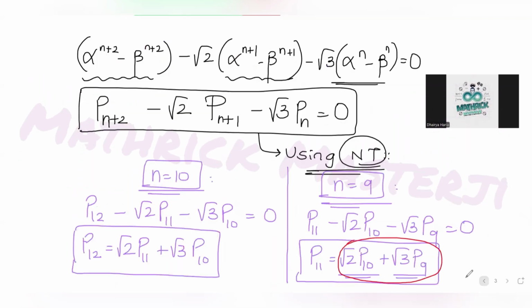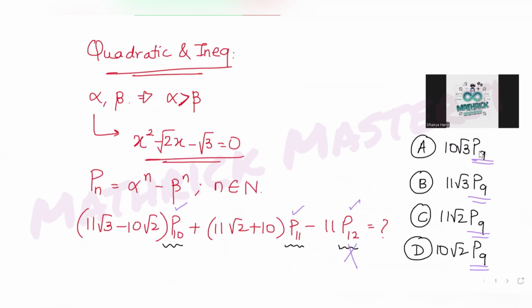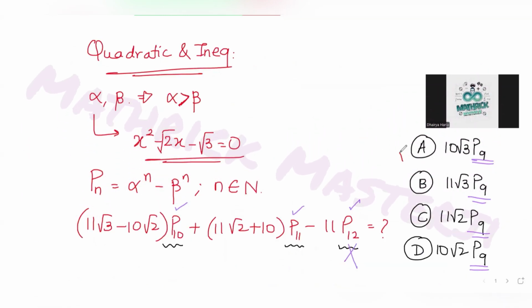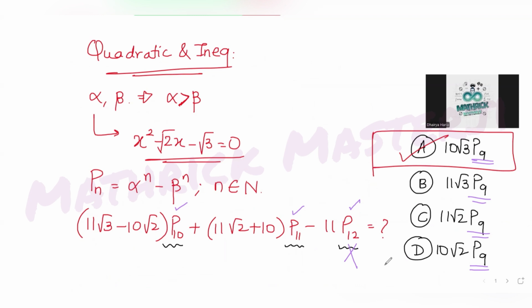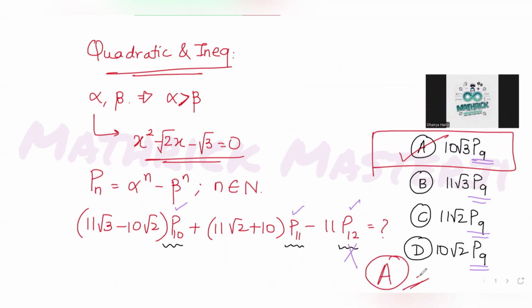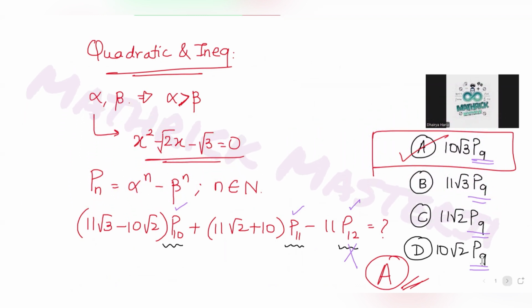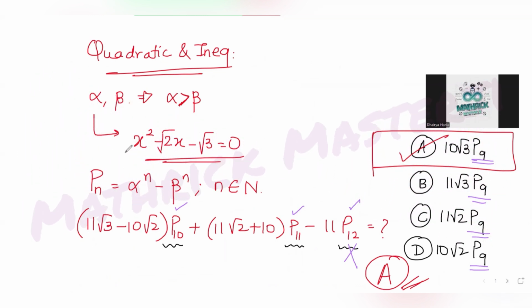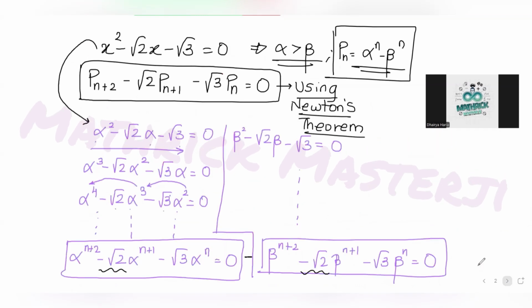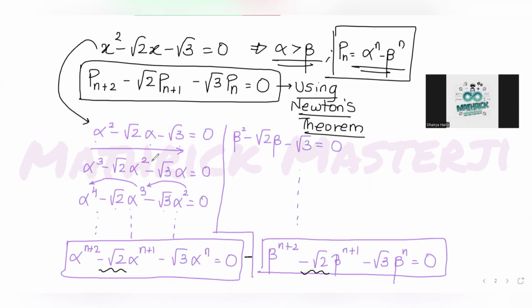It should match the answer choices that are given. I have P9 everywhere, and I have gotten 10 root 3. That is basically answer choice A. So A becomes the correct answer for this question. I hope you have understood how to solve this type of question. What we did was we just applied Newton's theorem, and if you don't understand what Newton's theorem is, I have explained how to get it.